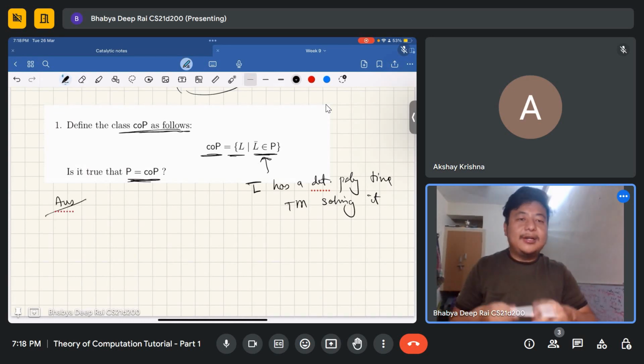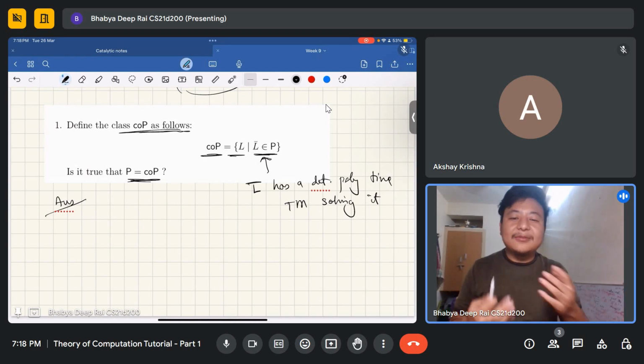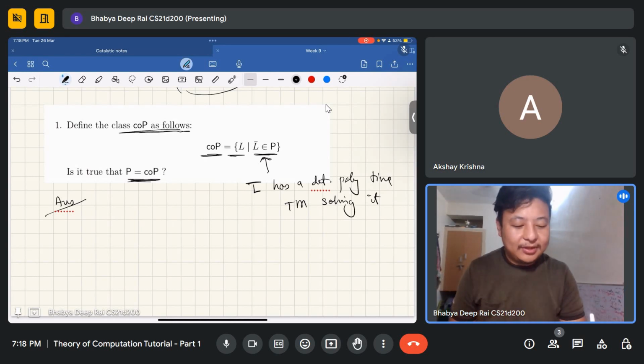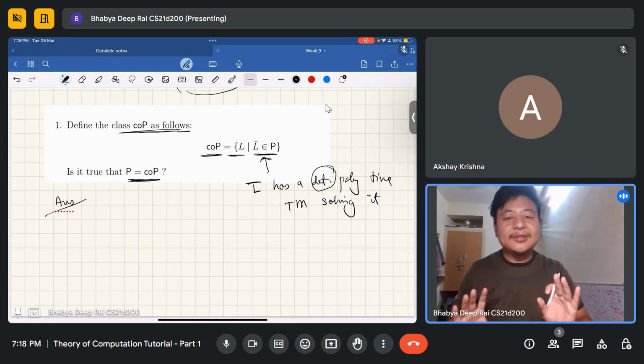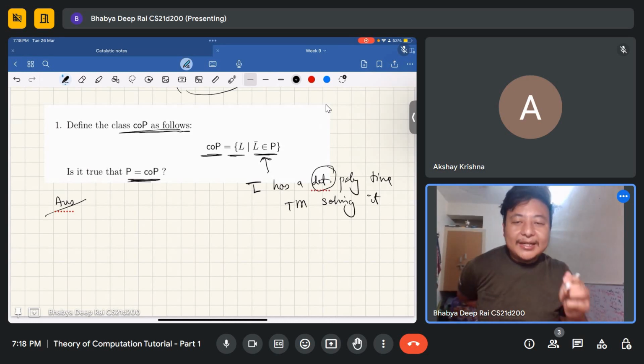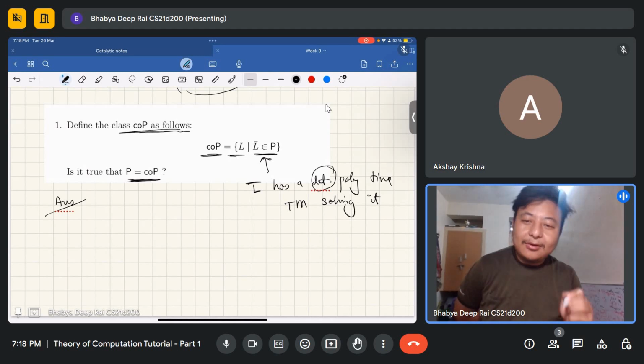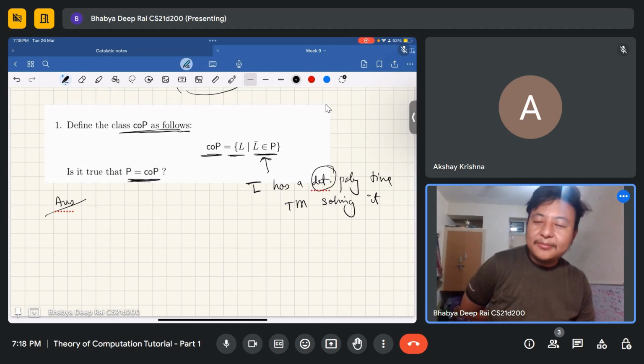Let me repeat it. If you have a problem that can always be decided in deterministic polynomial time, and this is important, deterministic, no non-determinism here, is it true that I can always do the complement in polynomial time?